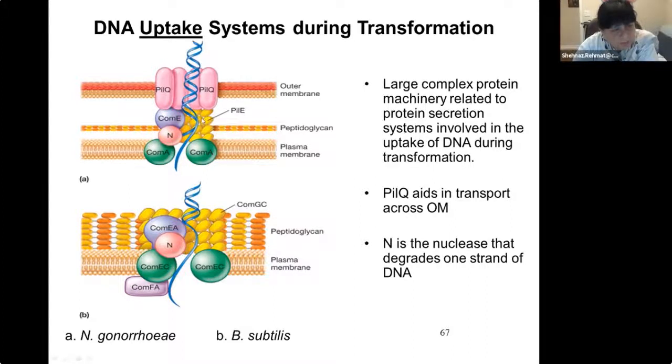That means in both gram-positive and gram-negative, a single-stranded DNA will be entering into the cytoplasm of the recipient cell, whilst the other proteins that are making a channel for the DNA to enter are ComE and ComA and so on, right? Here's an FA, but you don't need to know all of that. Just be able to express what these pictures represent and how you would describe it to anybody.